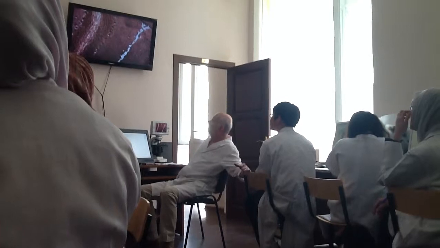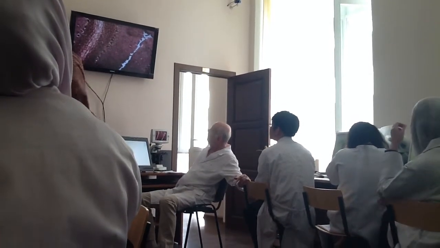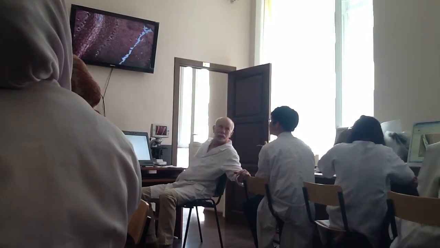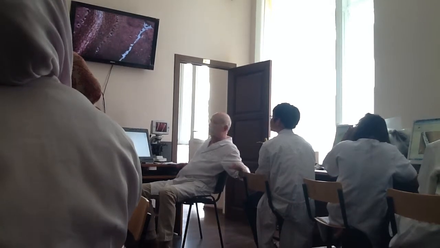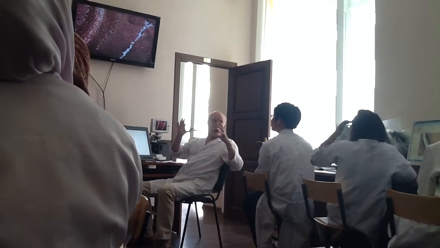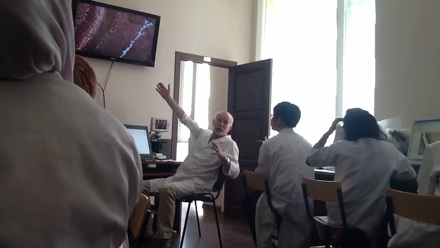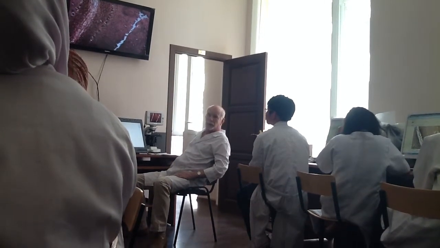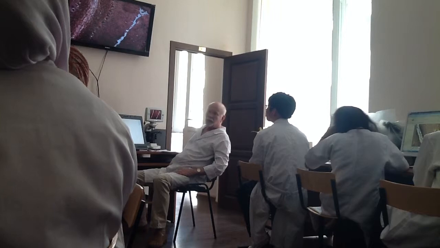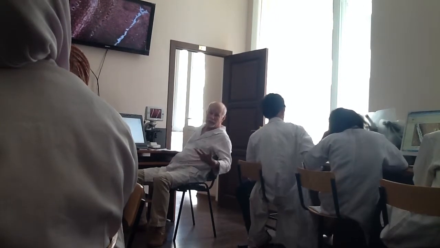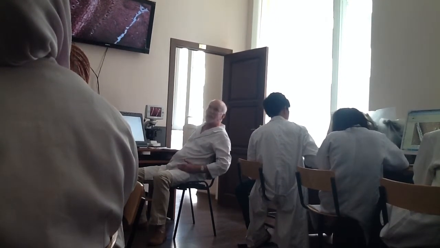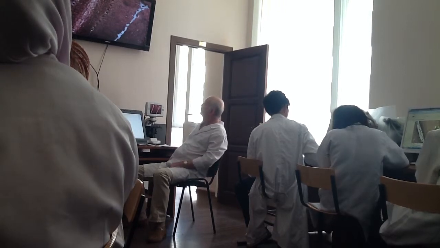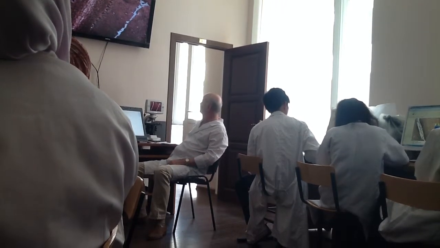Clear? 3 layers: molecular, ganglionic. Why ganglionic? Neuron cells are large, big, visible at low magnification, yeah? And the last, 3rd layer is granular, the layer of granular cells. Only 3 layers.